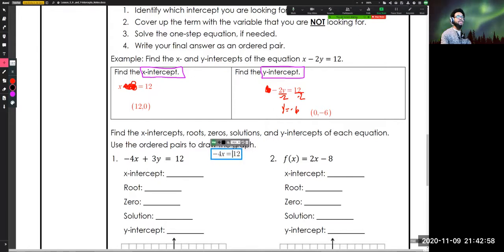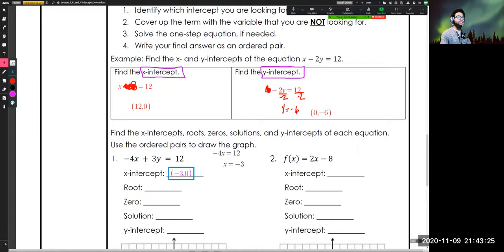I'm sure you all are able to see that this one is going to be x equals, we divide both sides by that negative 4. So that's going to be x equals negative 3. So my x-intercept, and I want to put some color to this one, is going to be negative 3, 0.